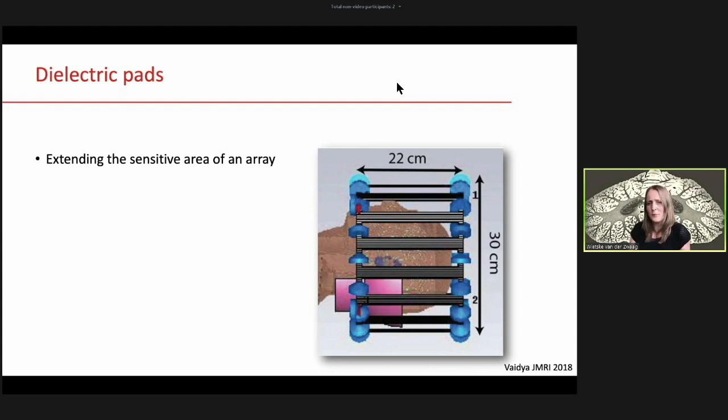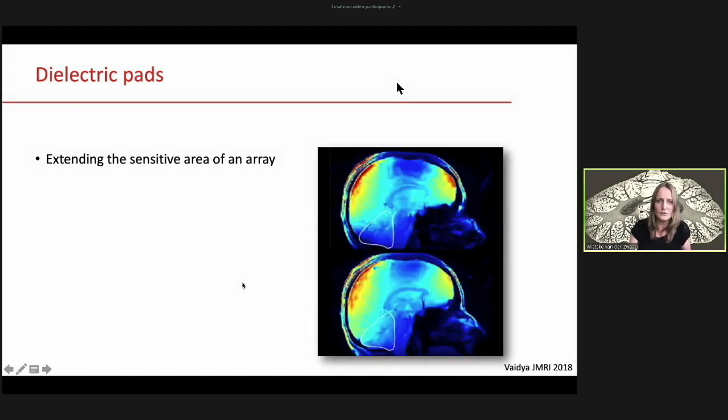And you can do that by using a dielectric pad. These dielectric pads look a little bit like a sandbag, but they're filled with a dielectric material, which pulls the B1 a little bit towards the area where you place it. Again, focusing on the cerebellum, we place it at the base of the neck. And then we see that there's a signal increase close to the coil.